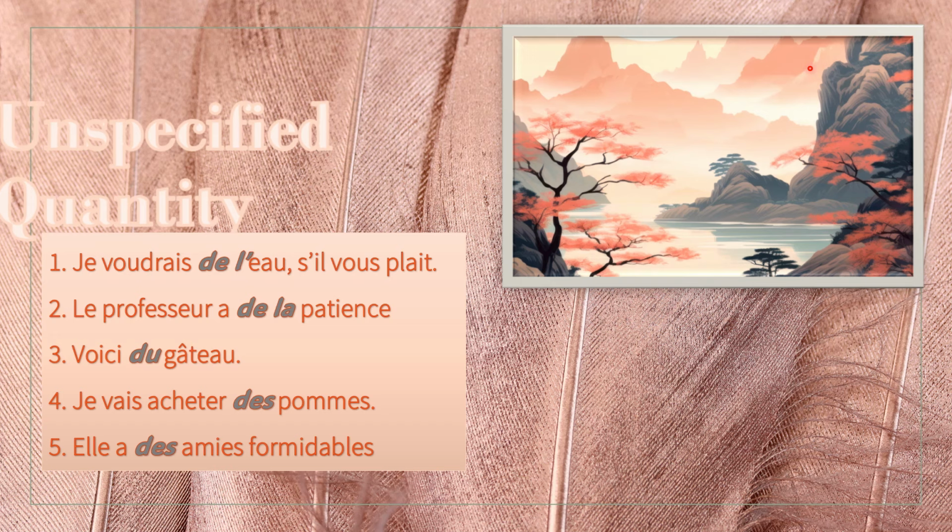The next example is je vais acheter des pommes. I'm going to buy some apples. And then number 5 is elle a des amis formidables.